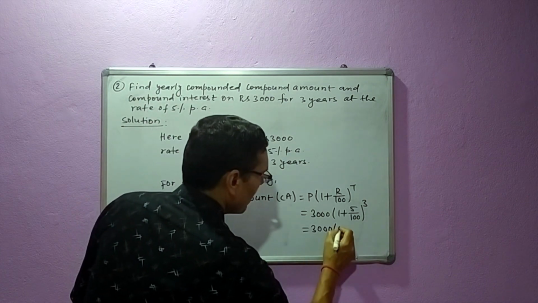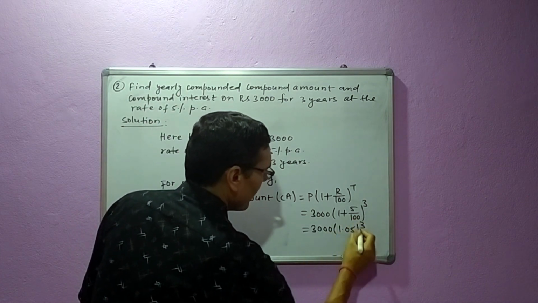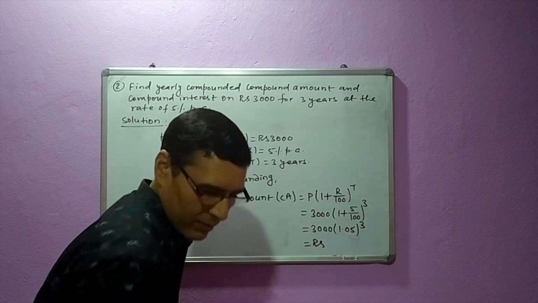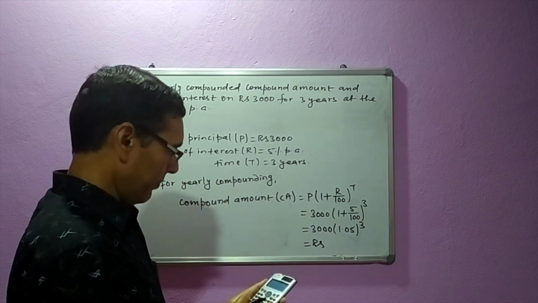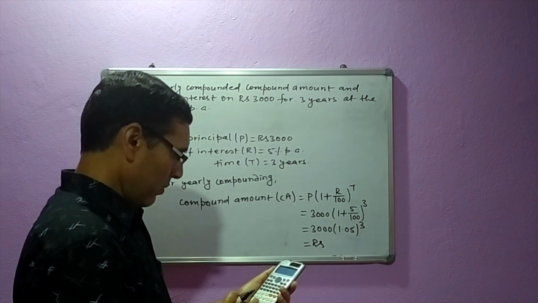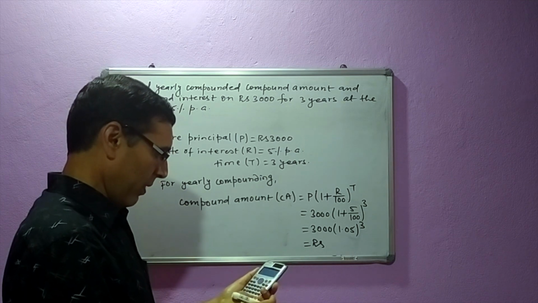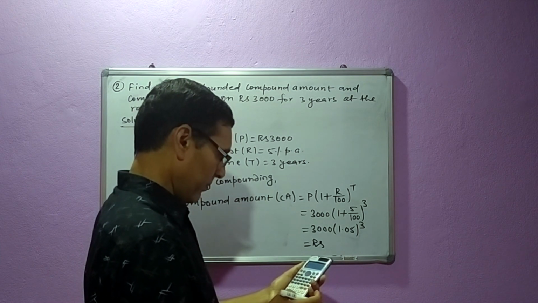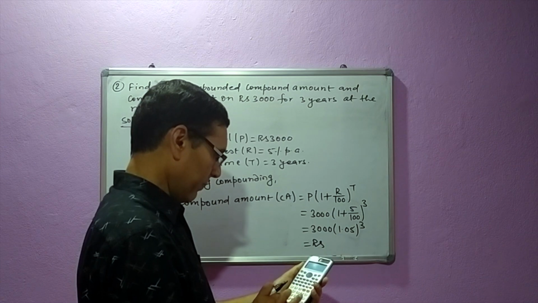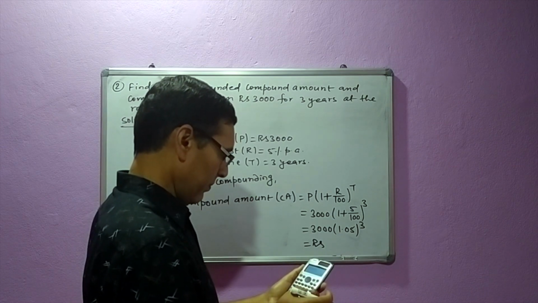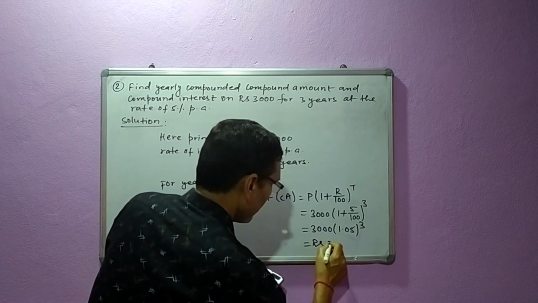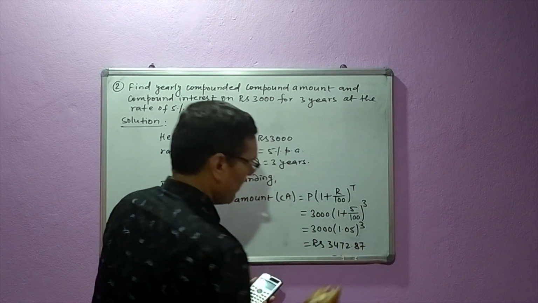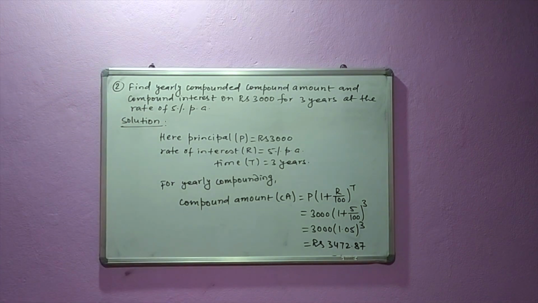This we get 1.05 in the bracket. So after multiplying, we get 1.05 cubed into 3,000, so it is 3,472.87. So this is the compound amount.